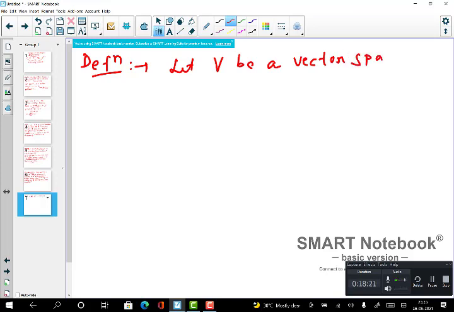I'm not assuming that V is finite dimensional, just a vector space over some field F, and you choose a subset S of V. S may be any subset, it need not be a subspace.